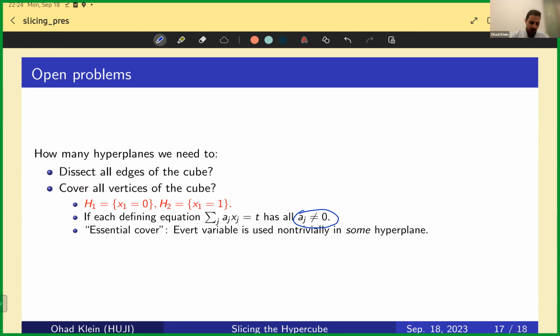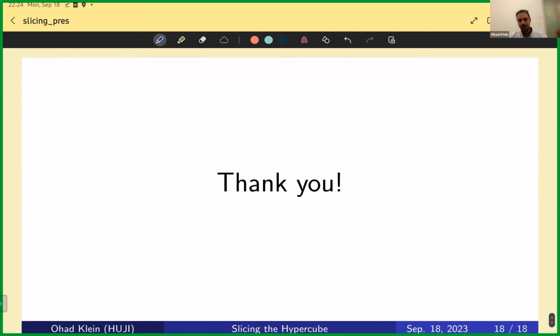And also there is the notion of essential covers that is also open. If you are interested in it, you can Google this name, essential covers. And that's all I have to say. Thank you.